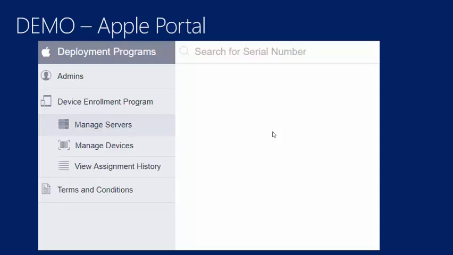So the Device Enrollment Program under there has 3 nodes, basically. Manage servers is where you would manage your MDM servers. So you might have multiple instances of Intune, or maybe even other third-party management providers that you have access to that you're testing with and so on. In our Microsoft DEP portal, we have hundreds.